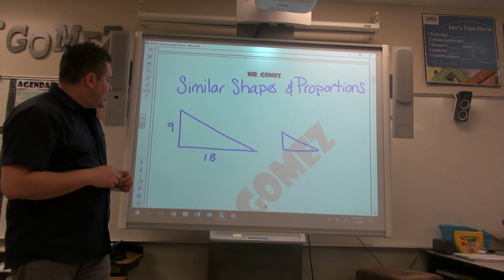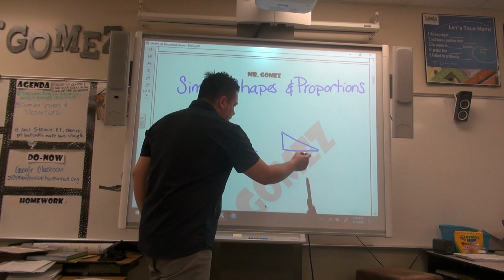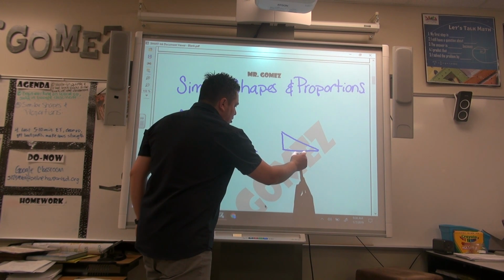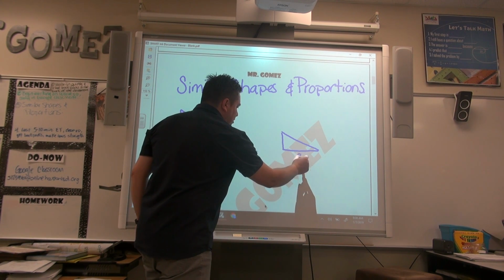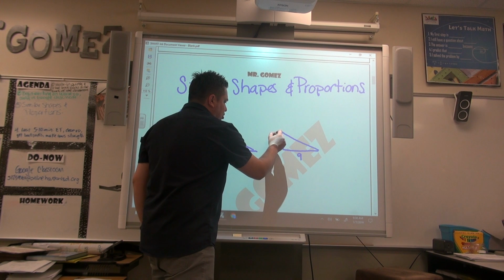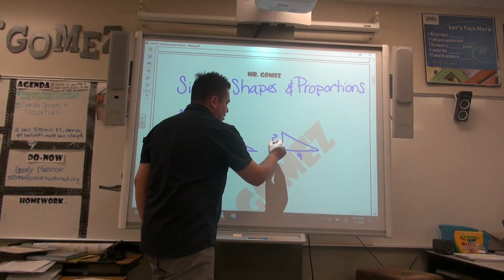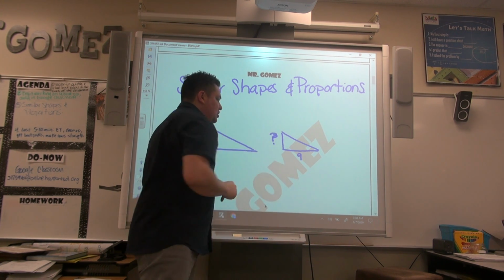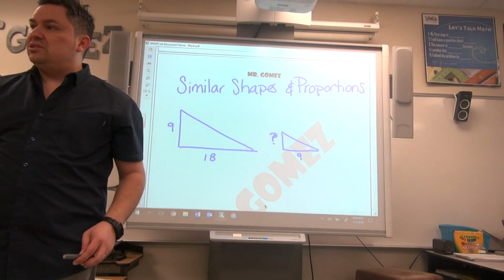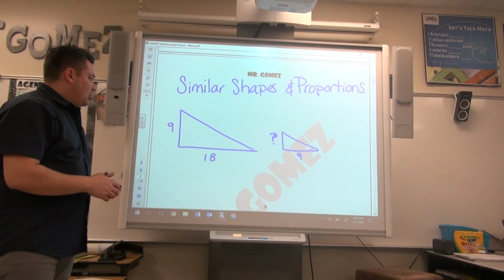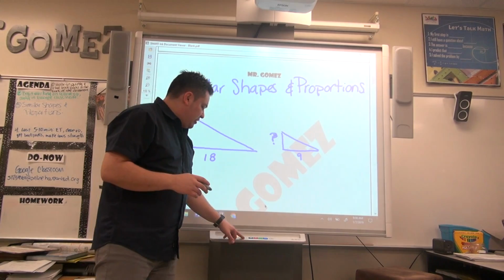And then this one right here is 9. So what is this measure right here? We don't know. So that's where proportionality comes into place, okay? I can set up this proportion different ways.